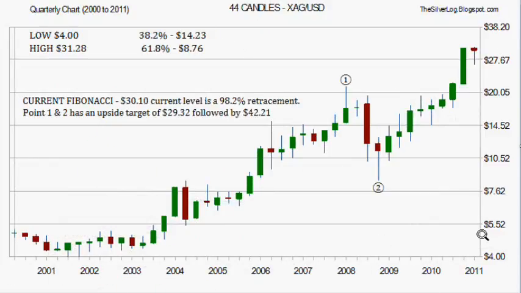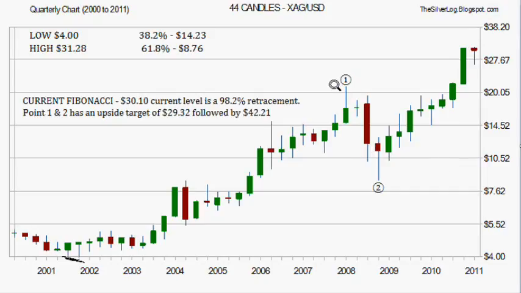All right, now we're at the quarterly chart, which is the second final one that we'll be using. And within this, we have a low of $4, which happened right down here, and the high of 31.28. And if we take a look at our current level, which was $30.10, it's at 98.2% retracement, which basically means that we are at the top part of the range in a bull market, looking to obviously go higher.